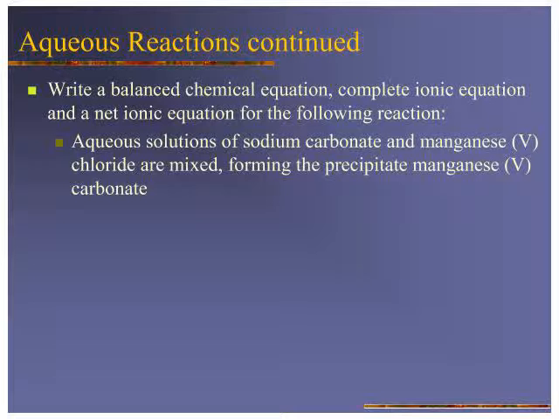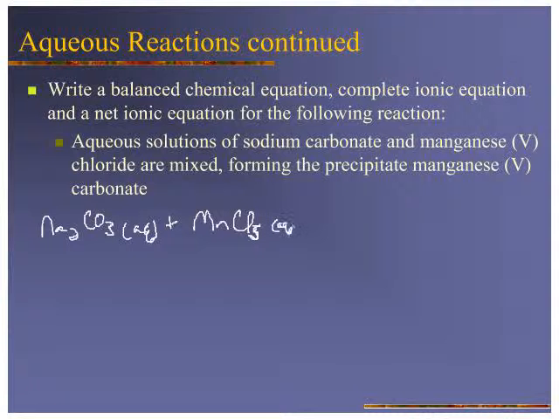Okay, we're going to write a balanced chemical equation, a complete ionic equation, and a net ionic equation for the following reaction. We have aqueous solutions of sodium carbonate reacting with manganese 5 chloride, MnCl5, and that's aqueous also.